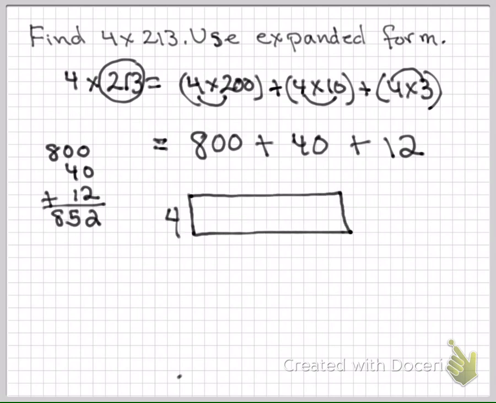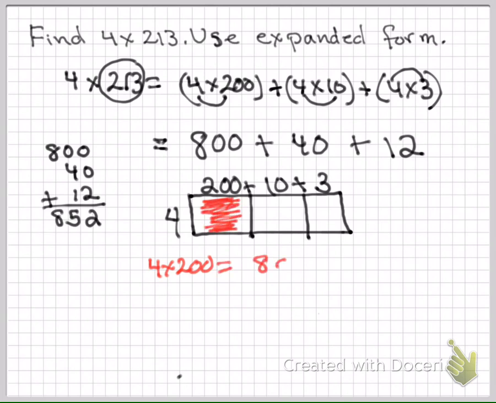We have a 4 on the side. We have a 200 here. And wherever I draw these lines, that's where I put my plus sign. Times 10 plus, there's where my line goes, 3. Now we're going to do 4 times 200. That shows me this square right there.